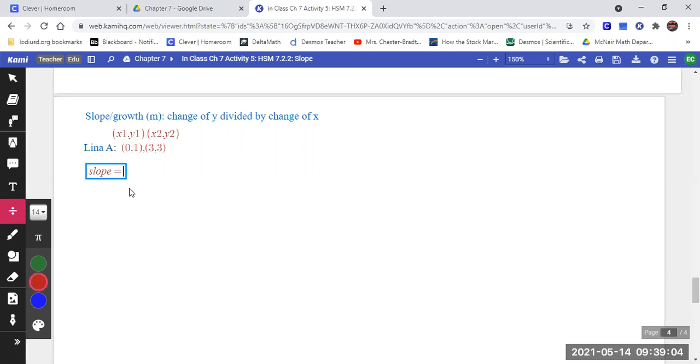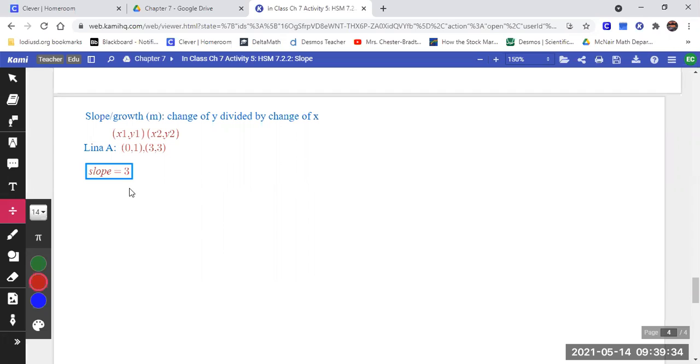If I said Lily is 17 years old and Charlie is 14 years old, what is the difference in their age? What would we do to find that? We subtract to find difference. We subtract to find change. We subtract. So it doesn't matter which Y we pick though.